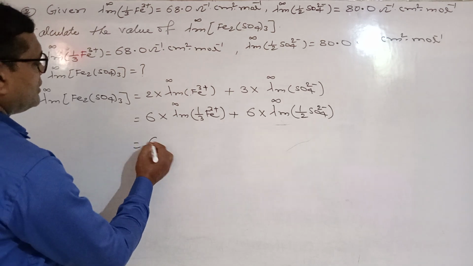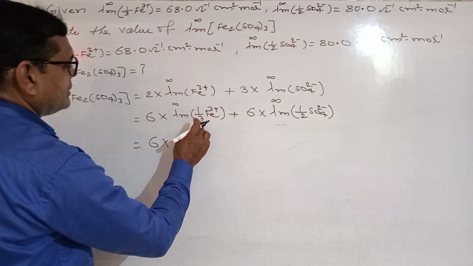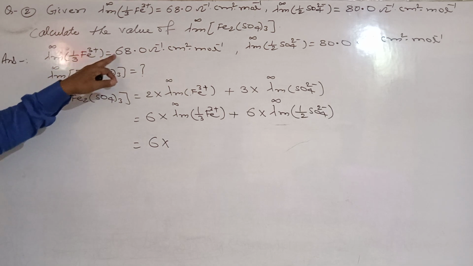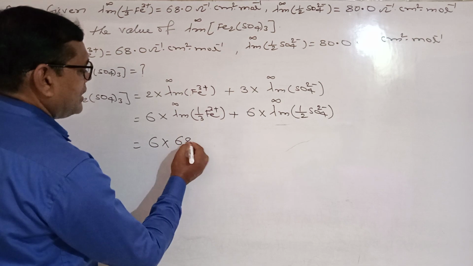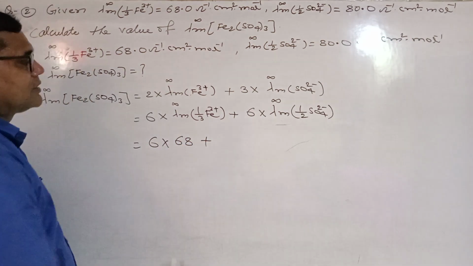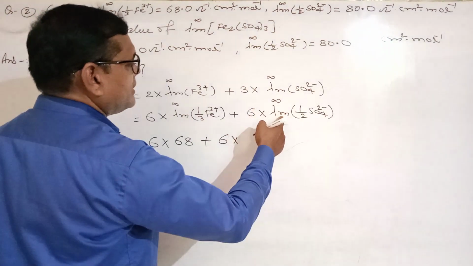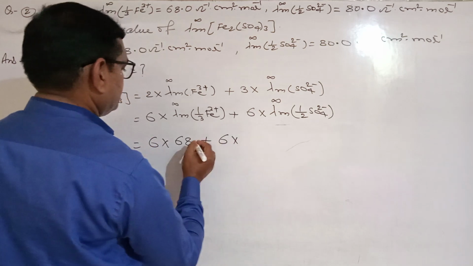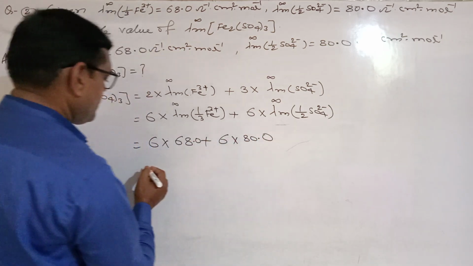Now we put the value of lambda infinity m of 1 by 3 ferric ion, which is equal to 68. Therefore, here we write 68. Now we write 6. The value of lambda infinity m of 1 by 2 sulfate ion is equal to 80. Therefore, we write 80.0.